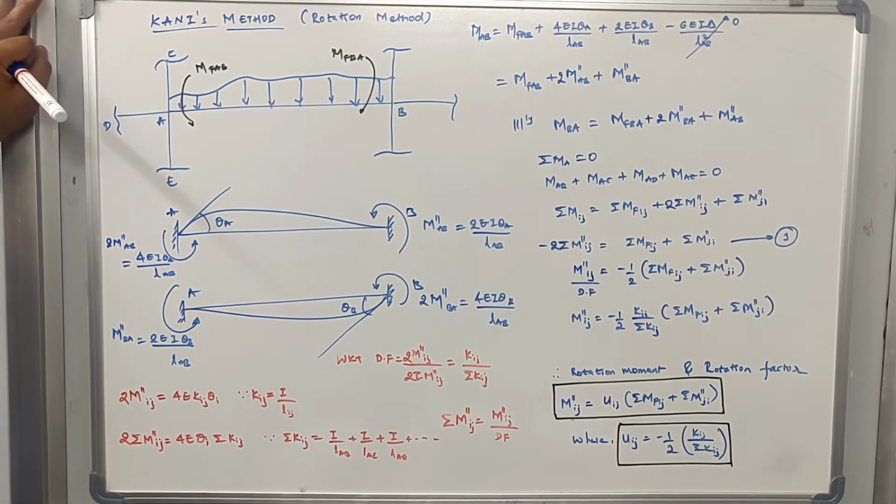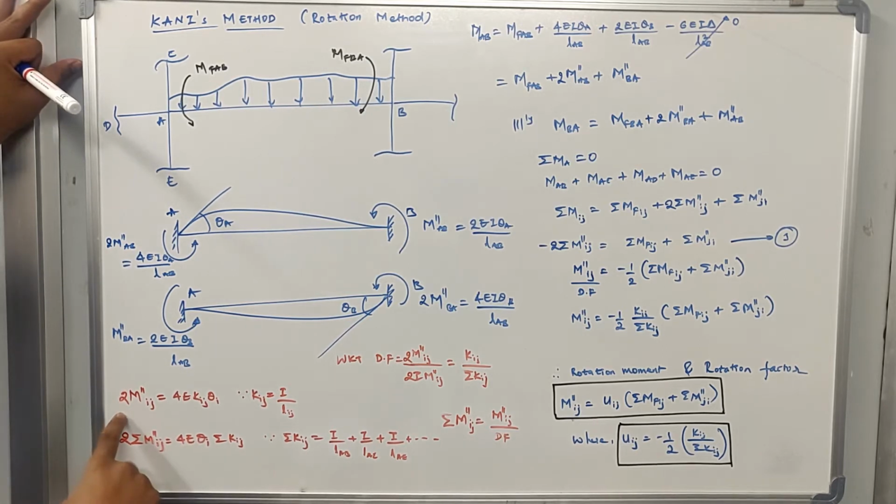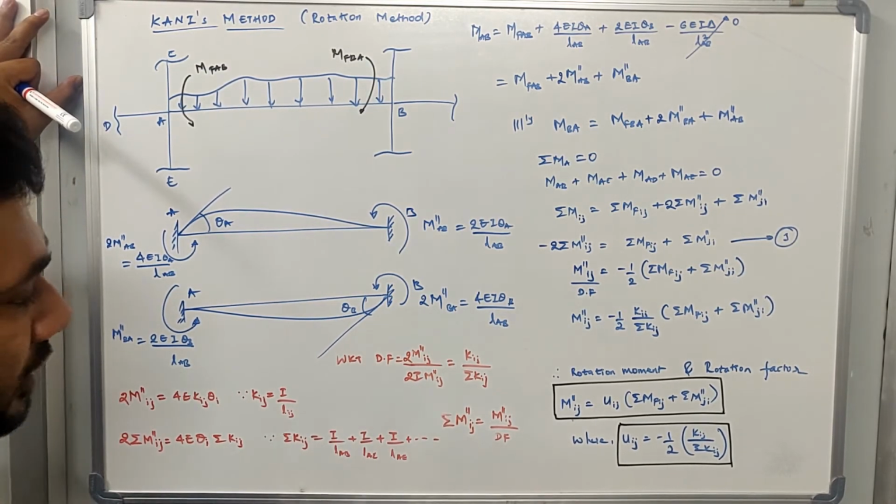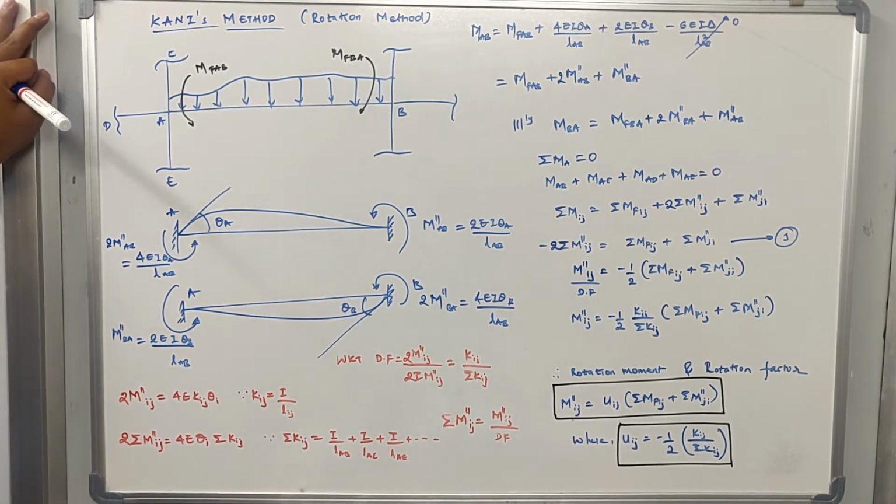Okay, so once we have solved what is 2m double dash ij and 2 times summation of m double dash ij, next thing I'll do is find out the distribution factor. I hope you all know what distribution factor is. Distribution factor is the relative stiffness of any member divided by the joint stiffness, right?